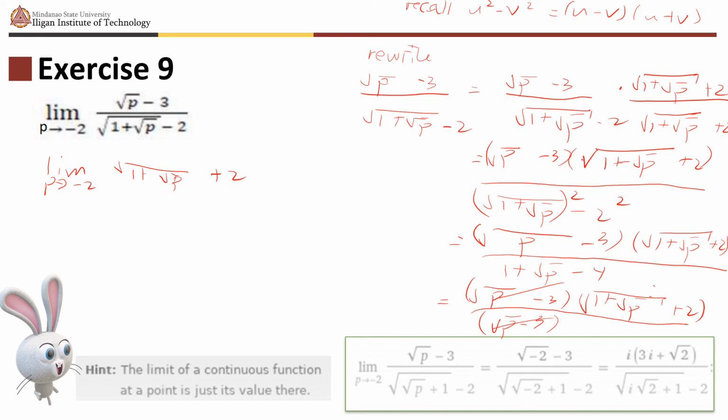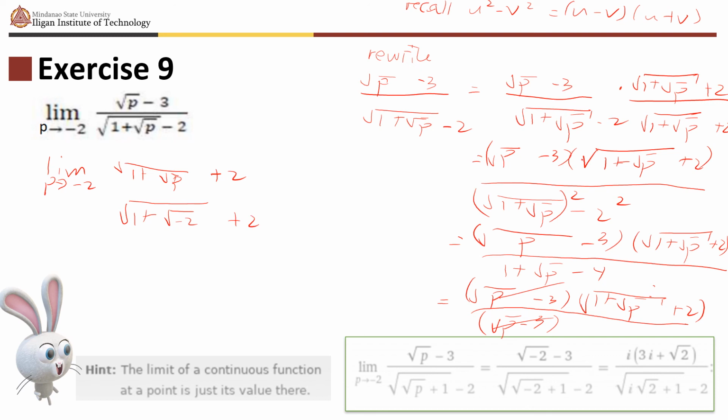And that means this one you can simply, because the limit of a continuous function at the point is just its value there, write as the square root of 1 plus, with p replaced by -2, square root of -2 plus 2.